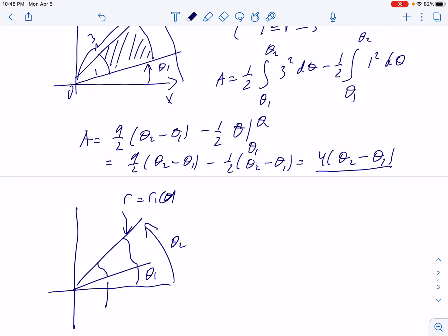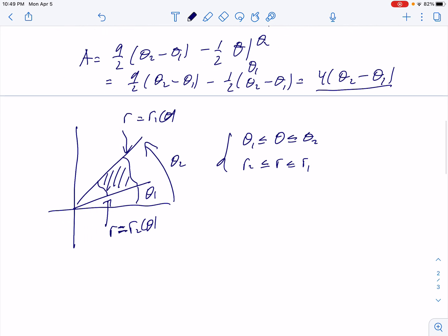And here a smaller one, R equals R2 of theta. And I'm talking about area between these two graphs when the angle is between theta 1 and theta 2. So this region is described this way. Theta is between theta 1 and theta 2. Radius is between R2 and R1. R1 is on top.